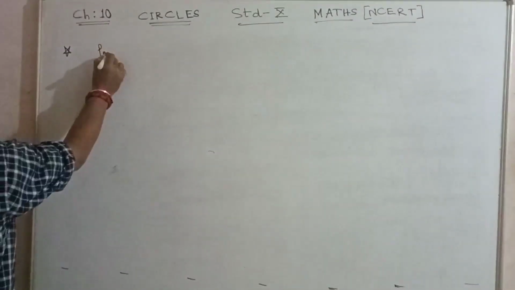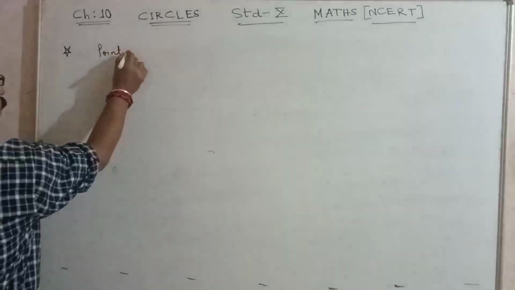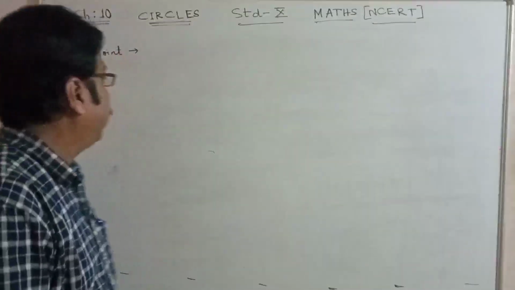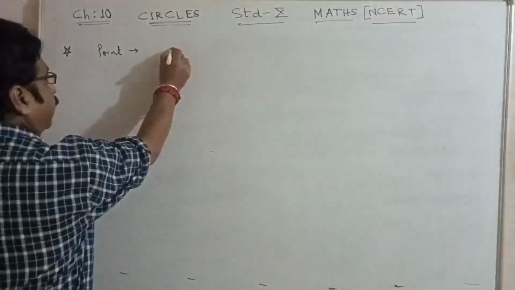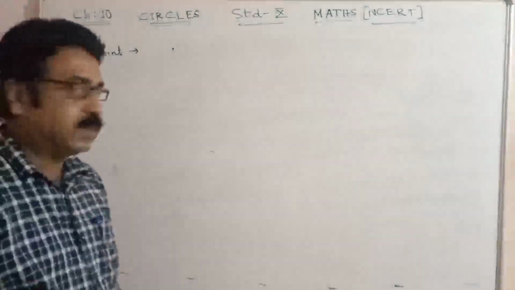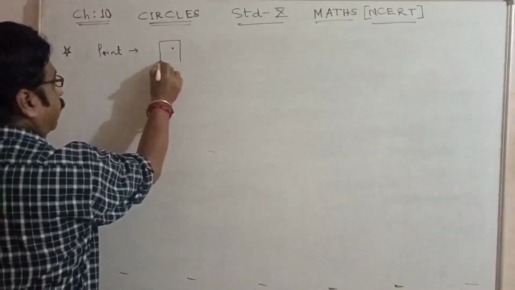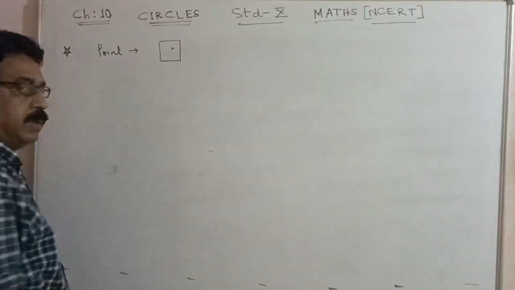Point. Everybody know what is point? Suppose this is the geometrical representation of a point. This is a point.